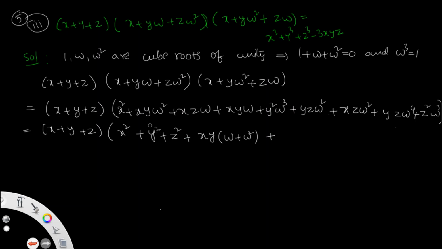Just xy is common, here also xy is there. That's why I'm writing it. So that is yz as common.